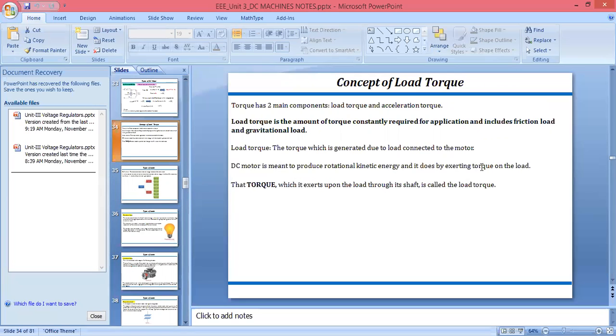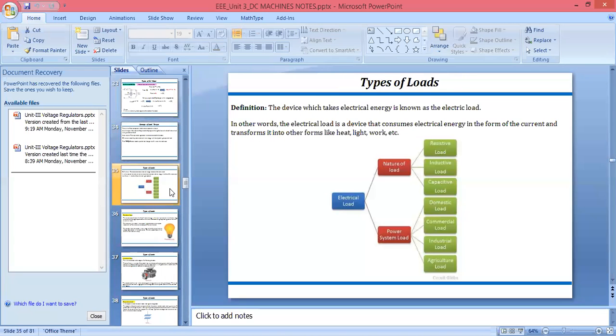So firstly, we have to see which load we are using here. There are different types of electrical load we are using in the DC motor. The device which takes the electrical energy, we call these devices the electrical load. And electrical loads are divided into different types depending on the nature of load and depending on which power system load we are using.